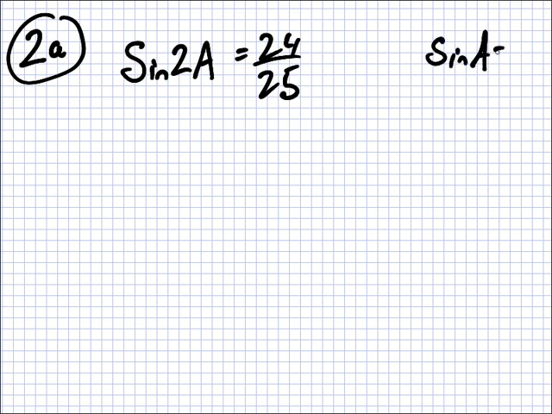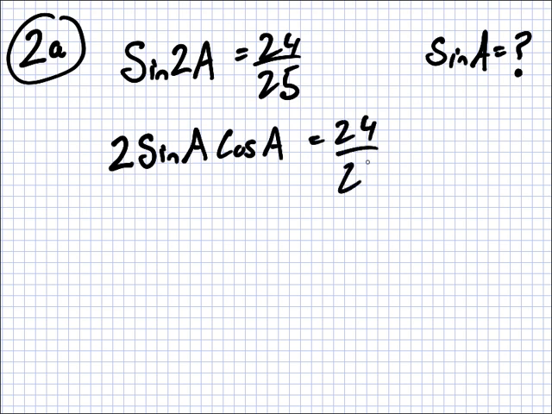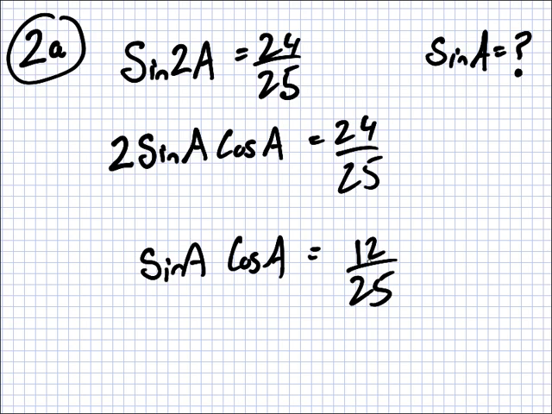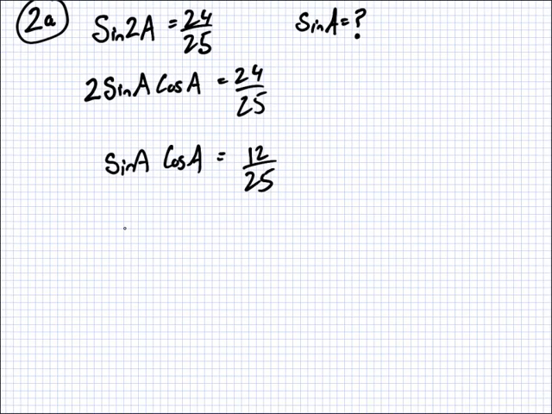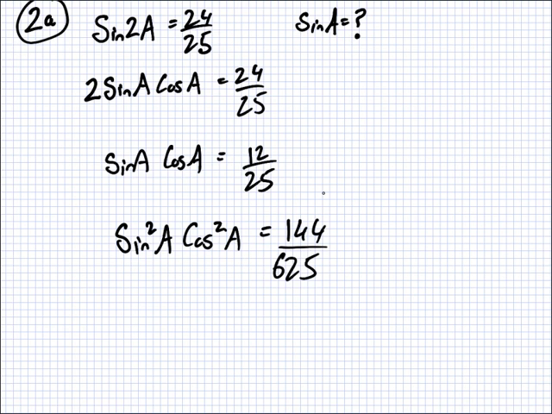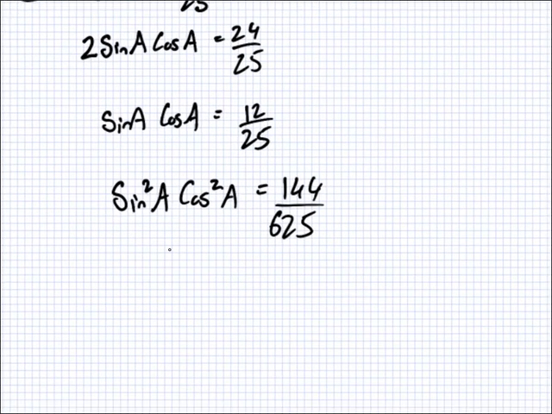Watch, I'll do it. 2 sine A cos A equals 24 over 25. So sine A cos A equals 12 over 25. Sine squared A cos squared A equals 144 over 625.